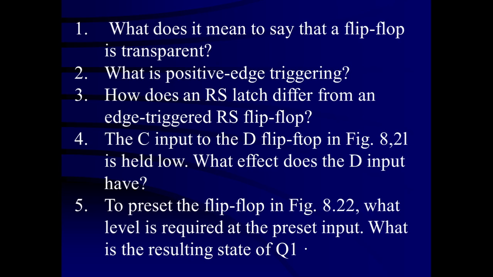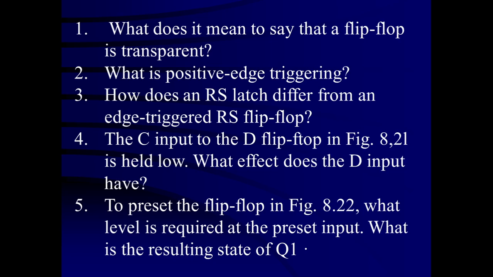These are certain questions related to this topic. What does it mean to say that a flip-flop is transparent? Second question, what is positive edge triggering? Third question, how does an RS latch differ from an edge triggered RS flip-flop? The clock input to the D flip-flop in figure 8.21 is held low.